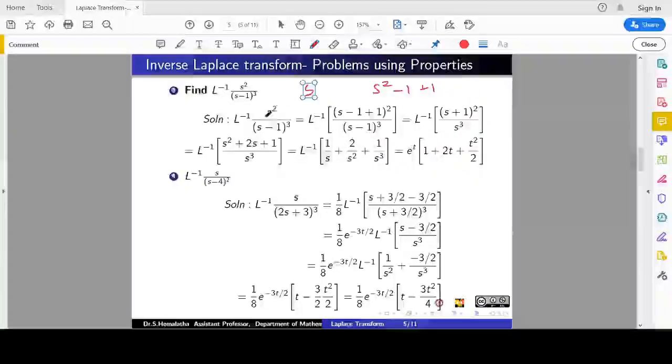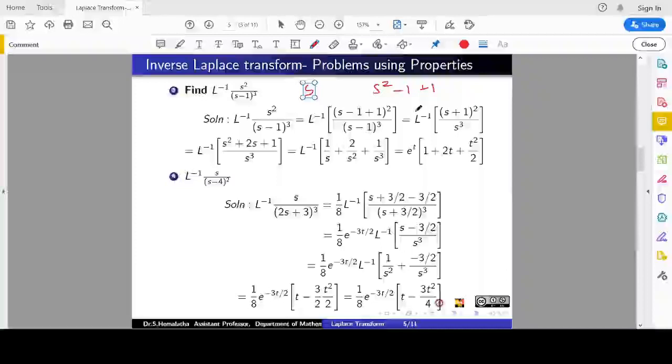So when you want to adjust s, do it for s. The powers should be as they are, as you have done here. So s is to be written as s minus 1 plus 1. Then split, and this s minus 1 term becomes s by the shifting property.